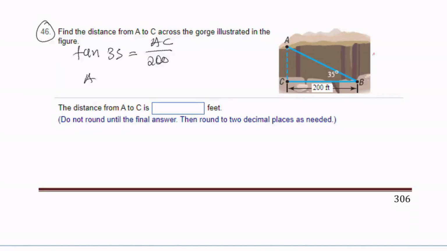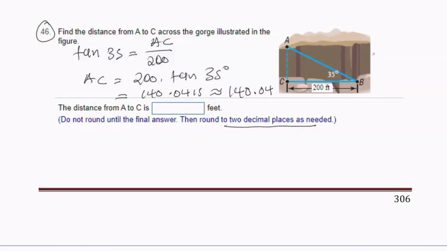Therefore AC is 200 multiplied by tan 35 degrees, and this is 140.0415, which rounds to 140.04. That is to 2 decimal places.